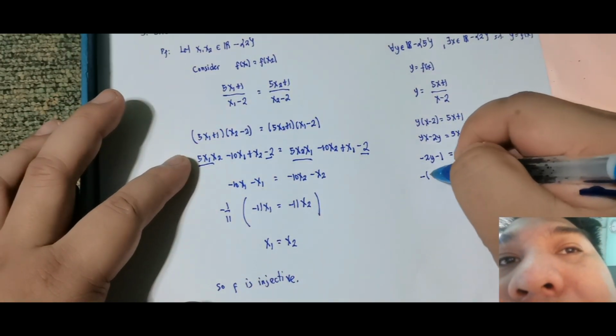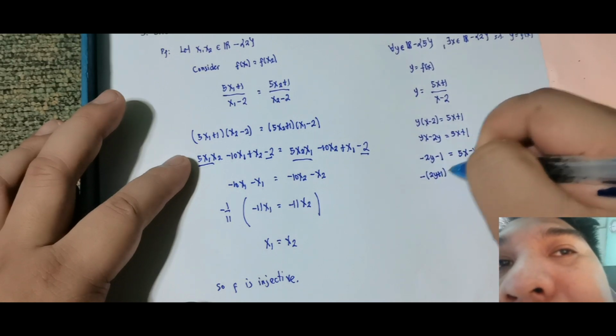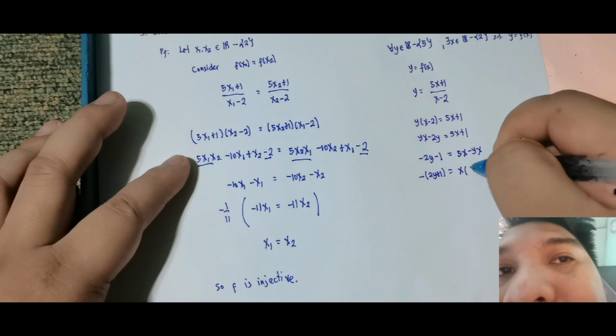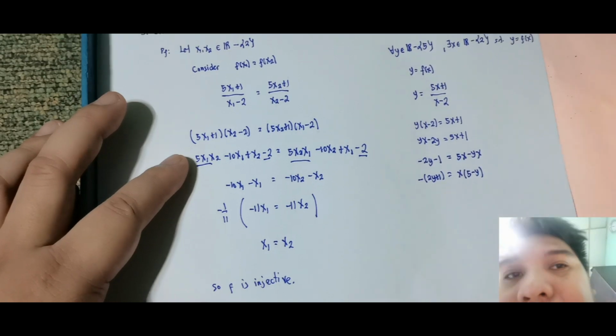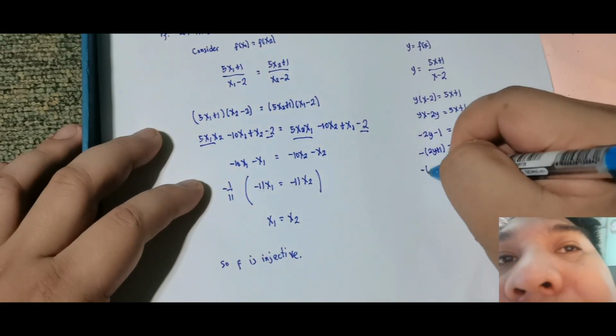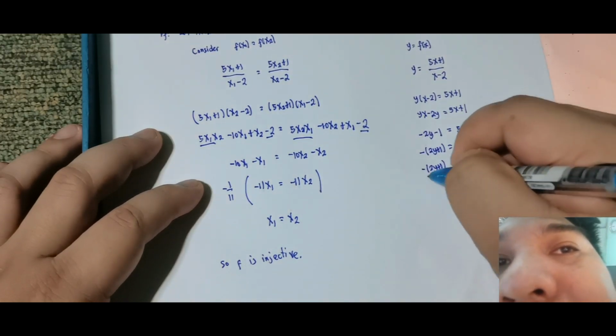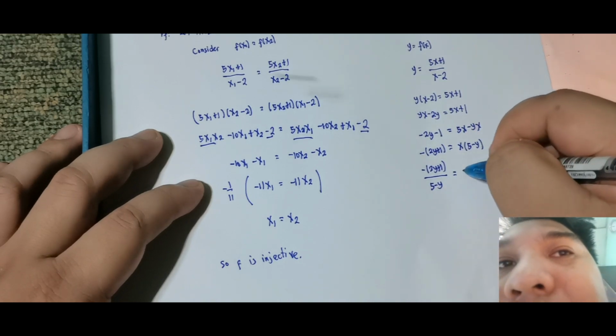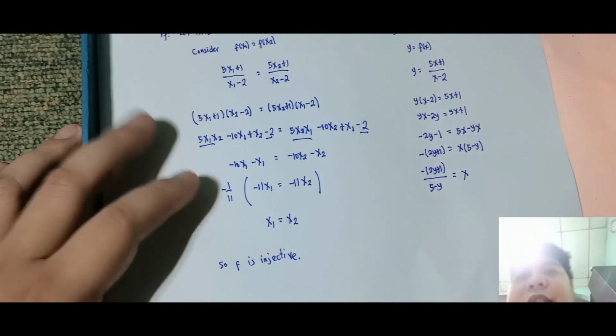This is negative (2y plus 1) which is equal sa factor ko yung x. So this is x multiplied by (5 minus y). Then divide both sides by 5 minus y. This is negative (2y plus 1) over (5 minus y) equals x.